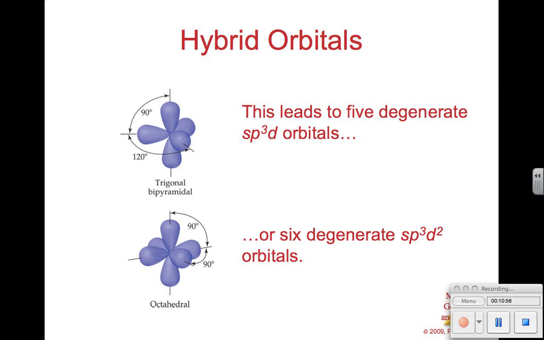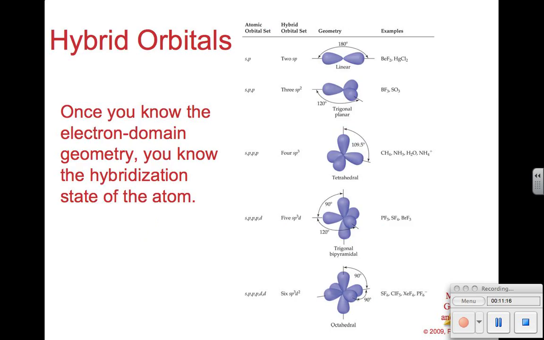So this is how we're able to get to those bonds: this promotion of electrons into the d subshell makes it possible to make more than 4 bonds, passing up the octet rule to create some larger bonding relationships.